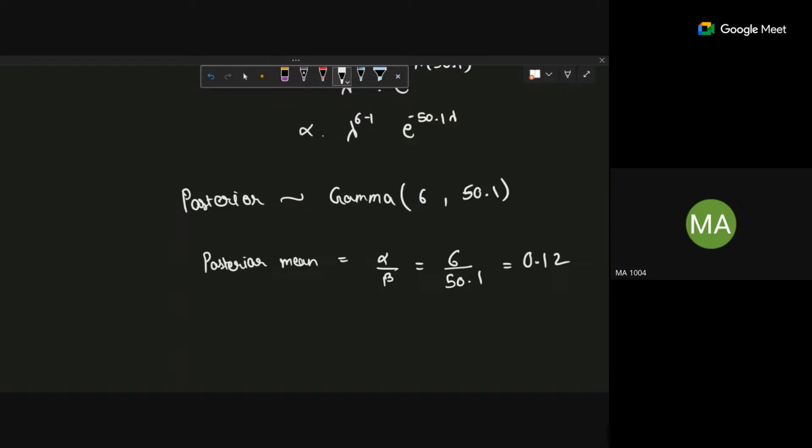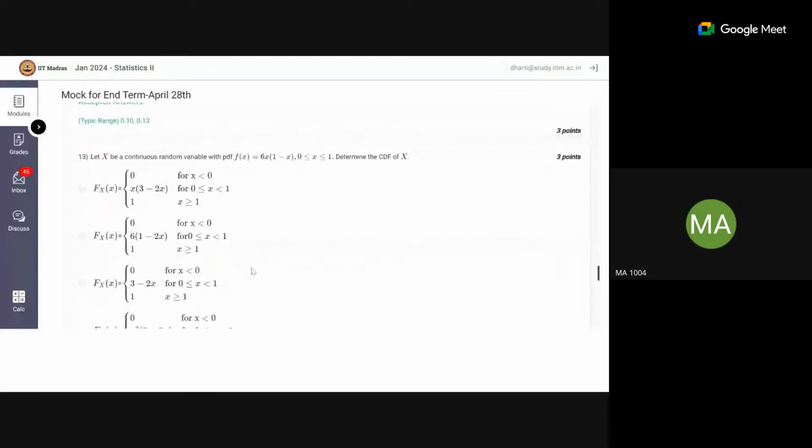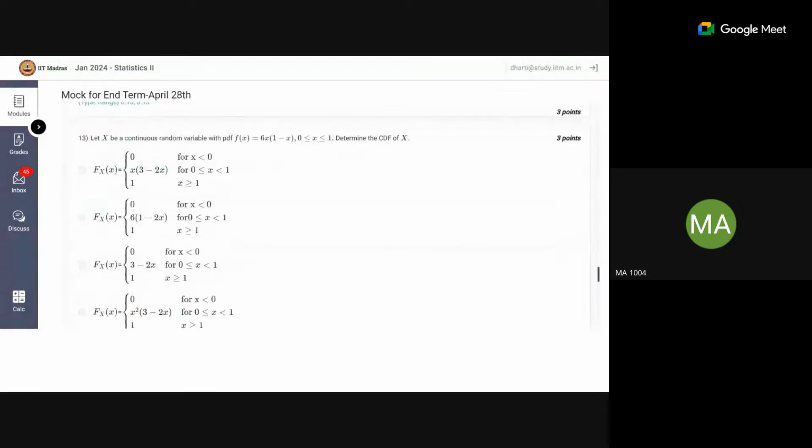What's next there? Let X be a random variable with PDF f(x) given as 6x times (1 minus x). Determine the CDF. Once we have the PDF, how do we go to the CDF? Integrate it and get it.